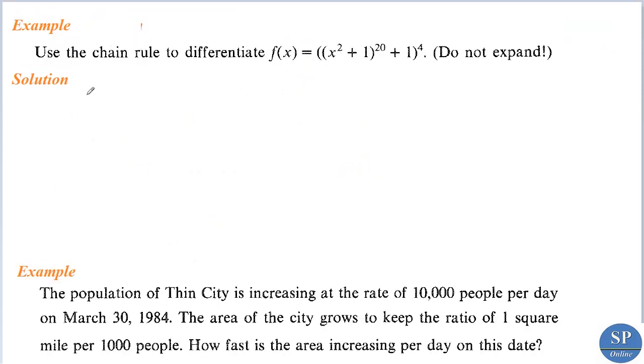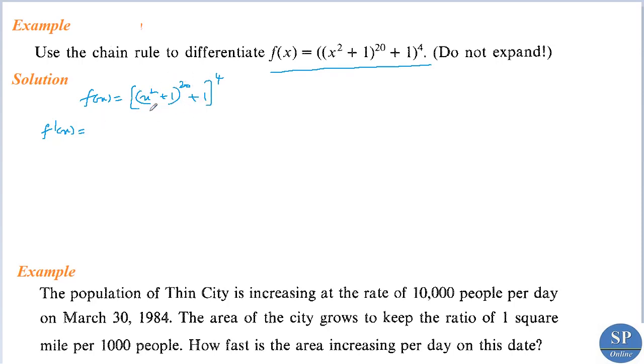Next example: use the chain rule to differentiate f of x equals x square plus 1 power 20, plus 1, whole power 4, without expanding. So here f dash of x is equal to, this is actually some u power 4.